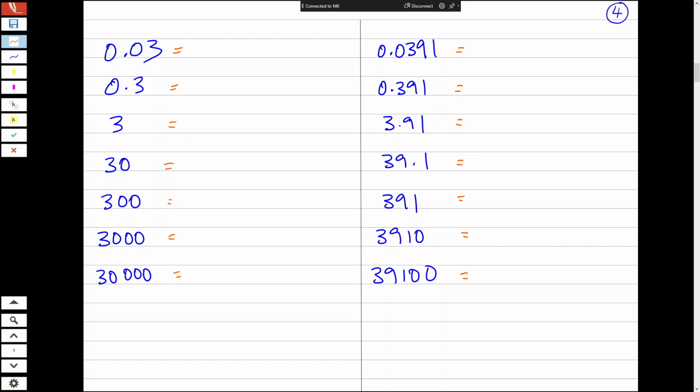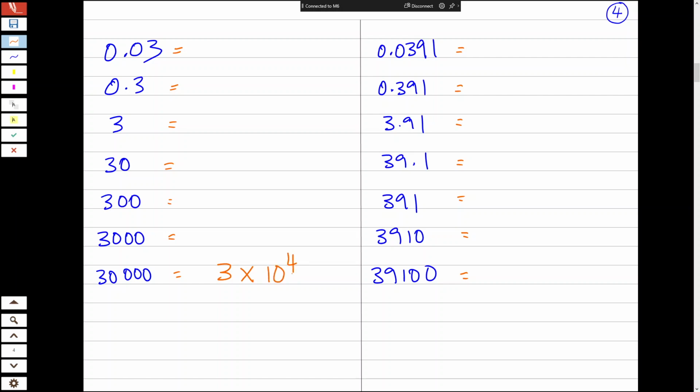Okay. I actually think the whole numbers are easier to start with than the decimals. So why don't we start from the bottom of the left column? How many zeros are after the 3? Yeah, 4 zeros. So what's the scientific notation representation going to be? Let's now move up the page.